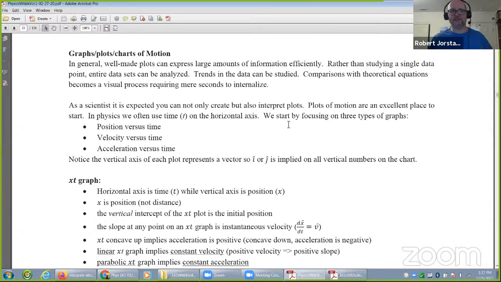The big deal here is this. If you are going to do any kind of science or engineering, computer science, whatever you want to call it, almost certainly graphs are going to be involved. These particular graphs are not the be-all, end-all of anything.